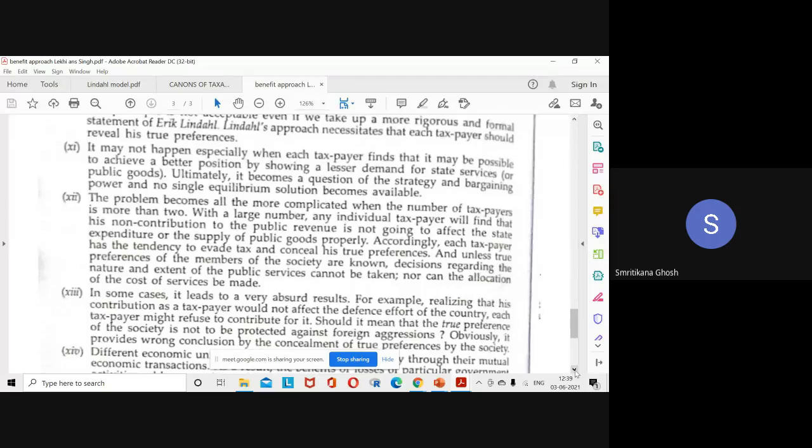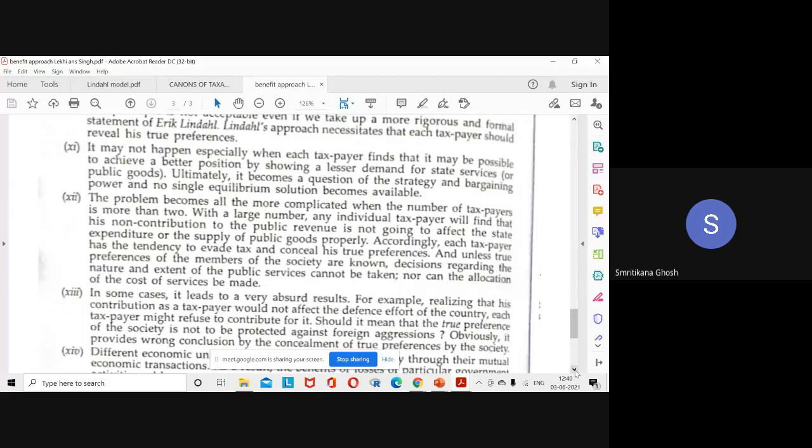They just think, okay, I'm not getting any benefit from the public good. So that is why proper tax imposition is quite difficult through this benefit approach, right?